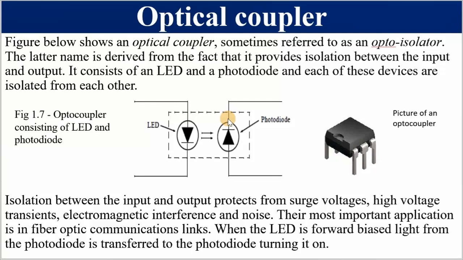You are going to see in one of the slides ahead a more detailed circuit joining the two, showing how they can be connected together to achieve a common goal. So we are saying there is no connection between this and this except through the incident light. And we are saying they are mostly used in optical fiber communication.